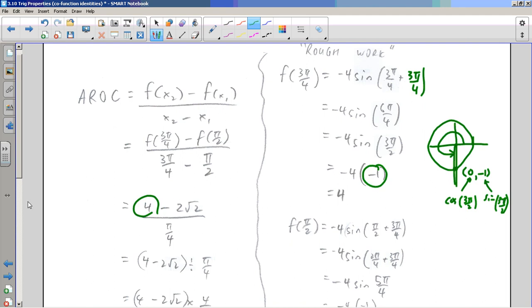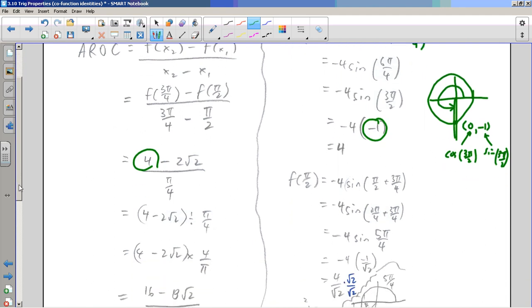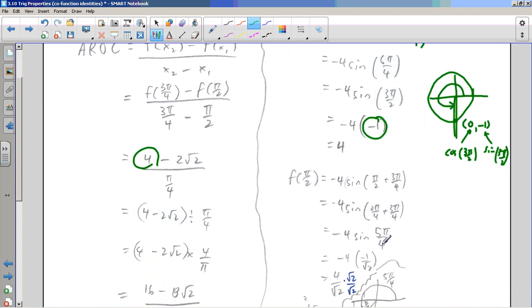And so I can get that value exact. Another calculation gives me the exact value of 5 pi over 4. So where's that one? 5 pi over 4, this would be 4 pi over 4 is the same as pi. 5 pi over 4 is over there. And I can think of what this exact ratio would be. Well, it's going to be -1 over the square root of 2. How did I know that?